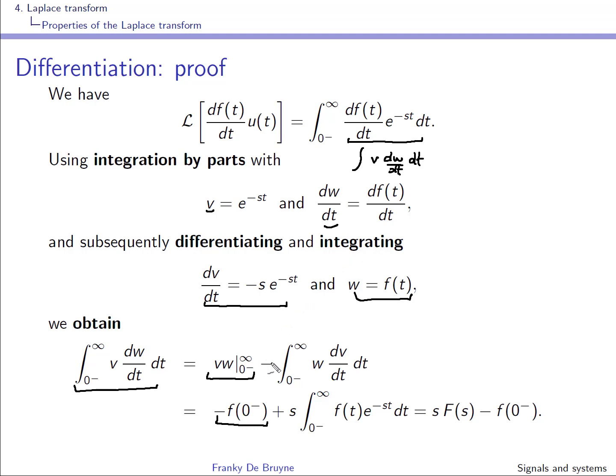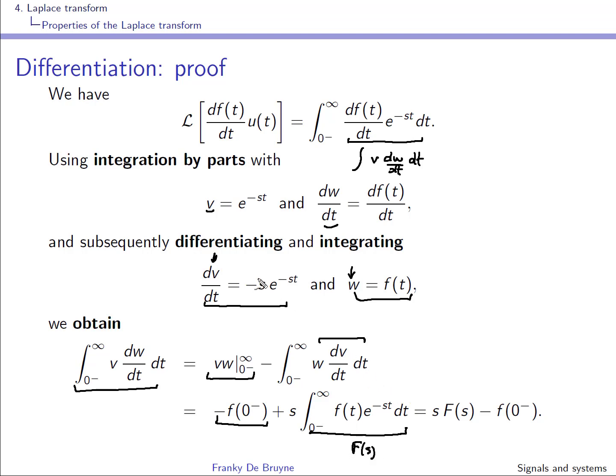Okay, and here you'll have to subtract the integral of this quantity over here, and if you inject w and the derivative over here, you end up with this integral, and that's the Laplace transform of f of t. So that's simply F of s.